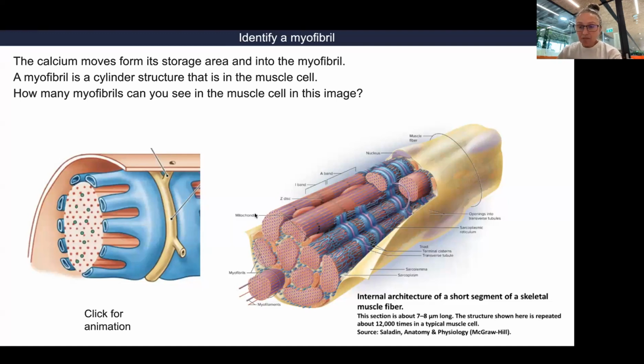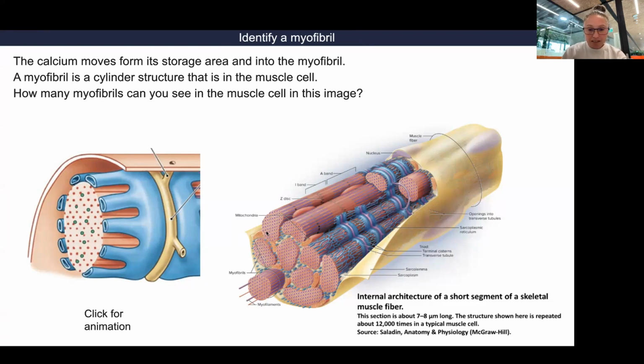So the calcium ends up in or amongst something called a myofibril. Remember when I said that a muscle cell was like a cylinder? Well, a myofibril is little cylinders that are inside the muscle cell. Can you count here how many myofibrils we have in this muscle cell?